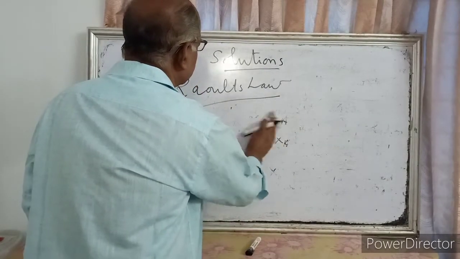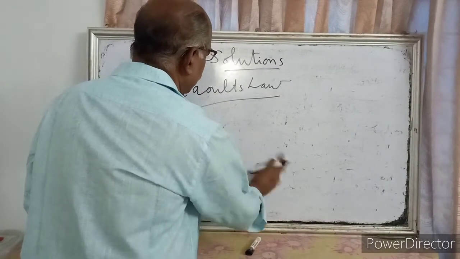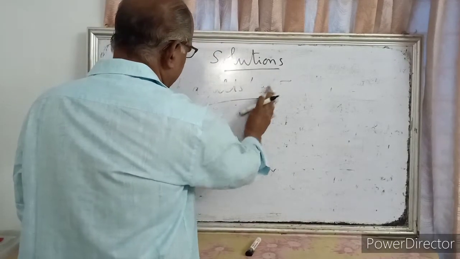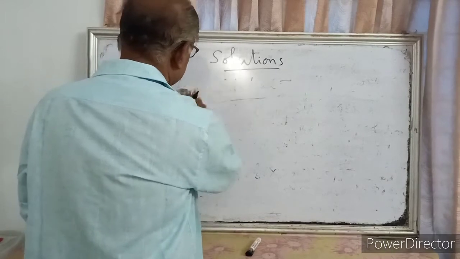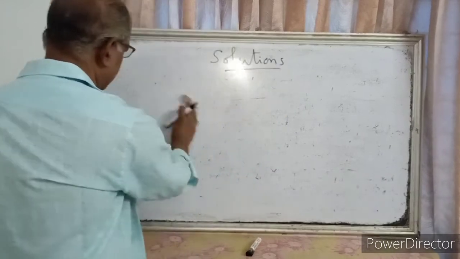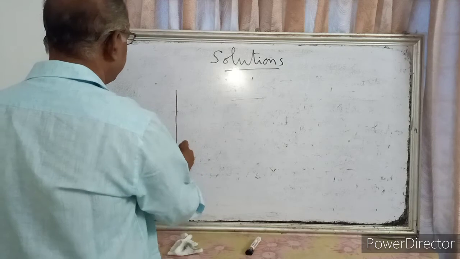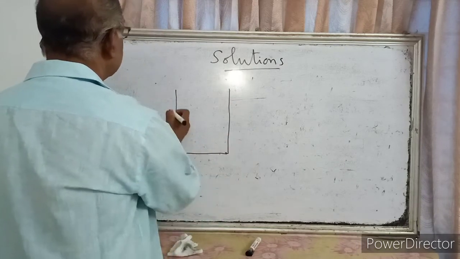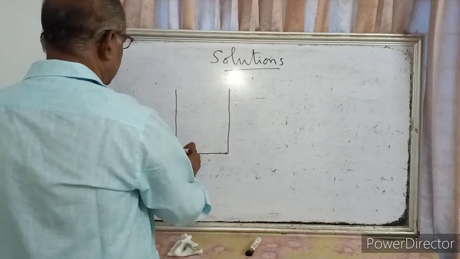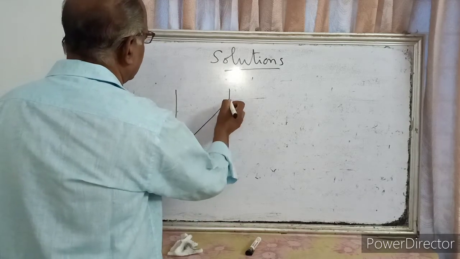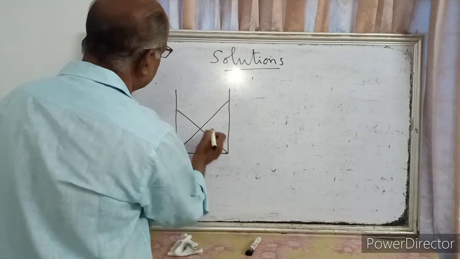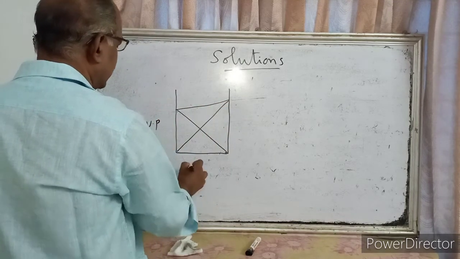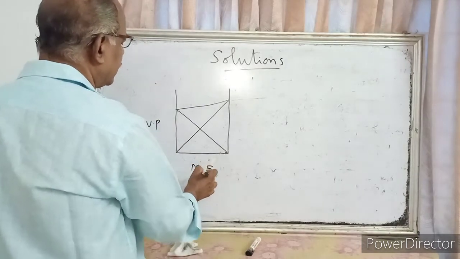If a solution obeys Raoult's law, we will get a graph like this. When you draw a graph for a solution which is obeying Raoult's law, we are plotting vapor pressure here and mole fraction here.